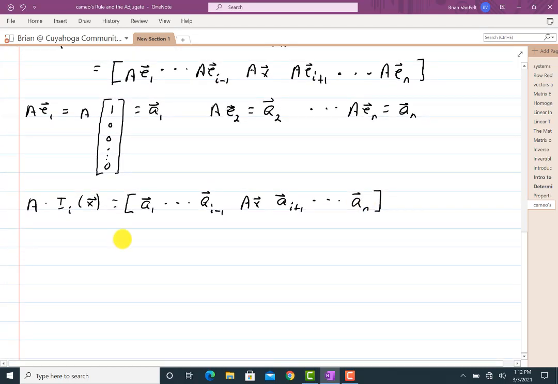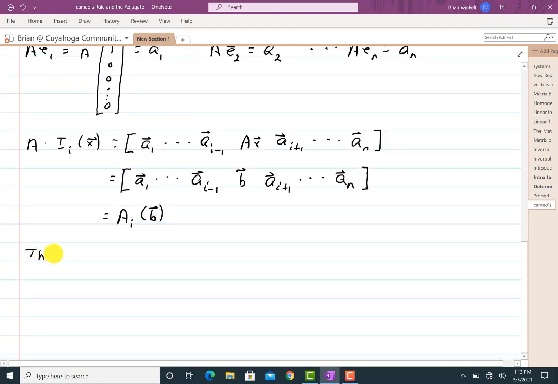But now we are saying that Ax is equal to b, and that of course equals A sub i of b.